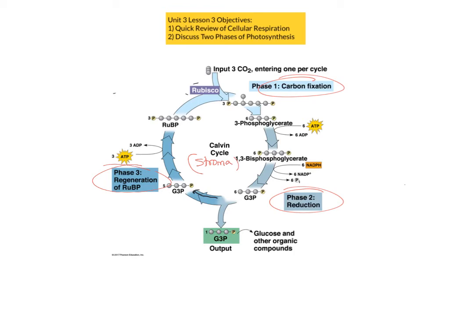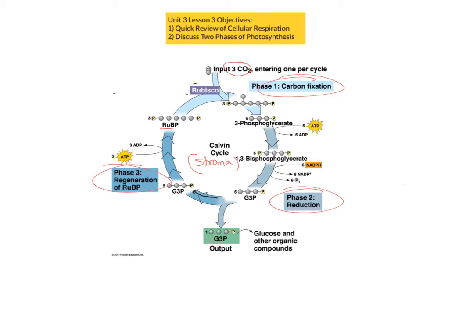Okay. Now, at the very beginning of the Calvin cycle, we have our carbon dioxide, which is a reactant of photosynthesis that's entering the cycle, and it is fixed to a molecule called RuBP. It's fixed onto this molecule.